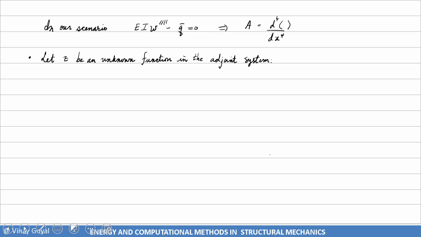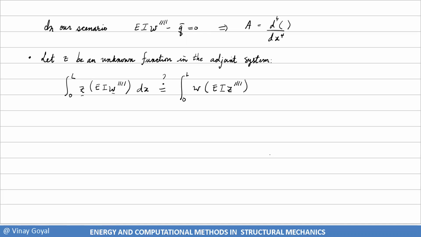Then I'm going to have the following: integral from 0 to L, I'm going to multiply this by Z, Z times EI W four primes dx, and I want to check if I can recover, if I switch W and Z, W times EI Z four primes.